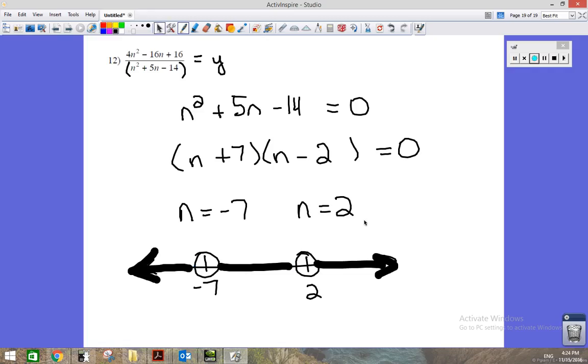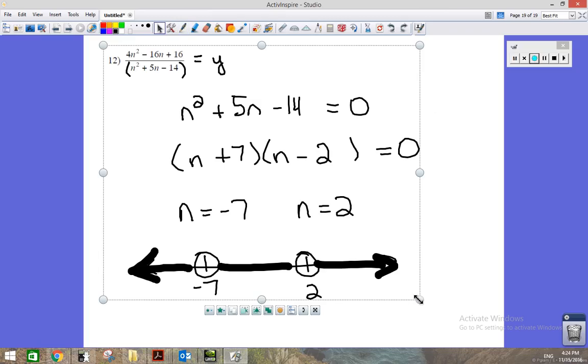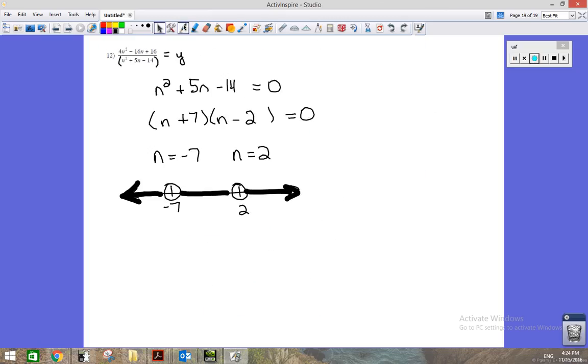So my domain has three parts to it: negative infinity to negative 7, or from negative 7 to positive 2.